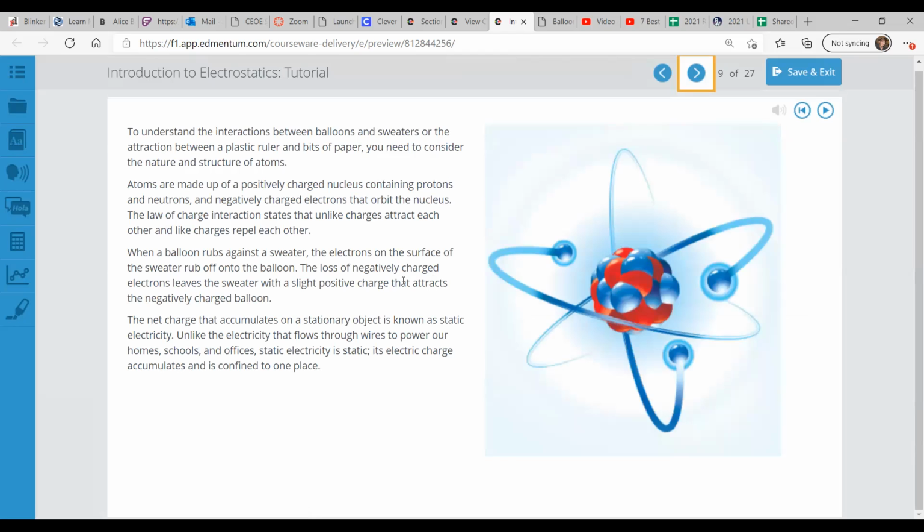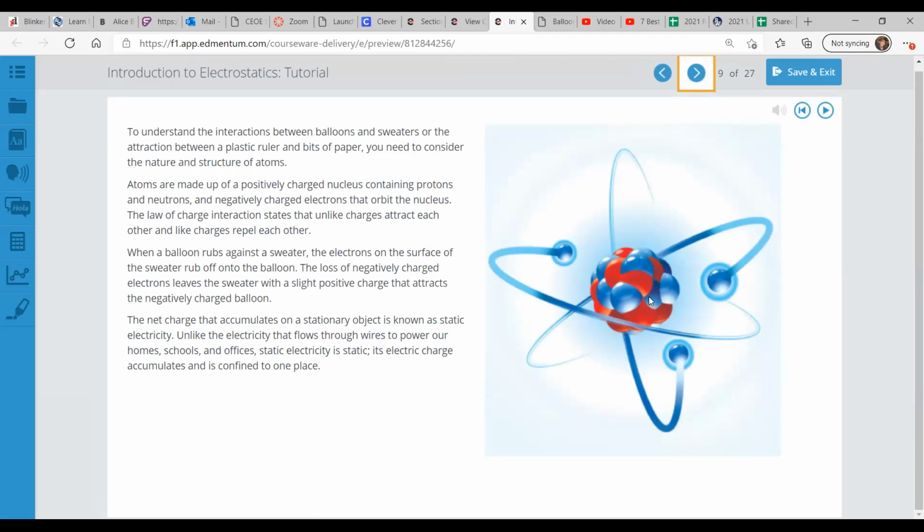To understand the interactions between balloons and sweaters, or the attraction between a plastic ruler and bits of paper, you need to consider the nature and structure of atoms. Atoms are made up of a positively charged nucleus.